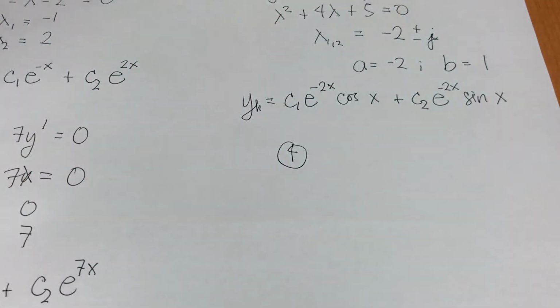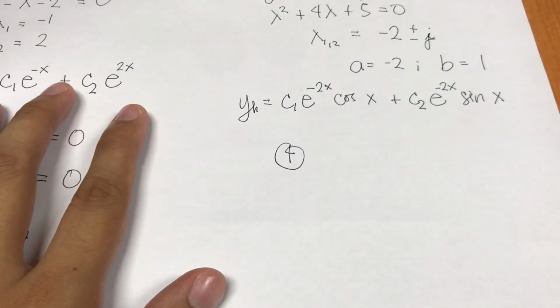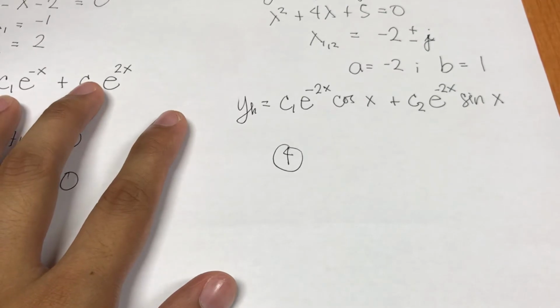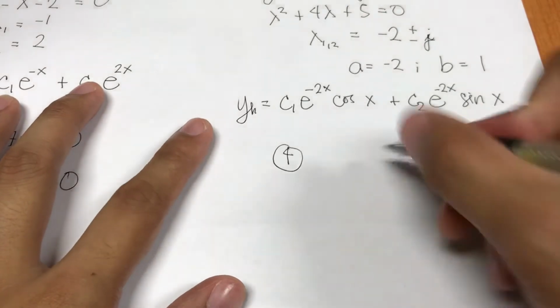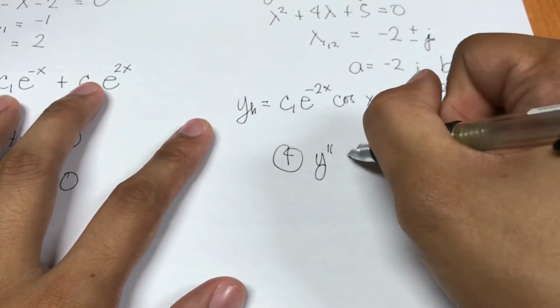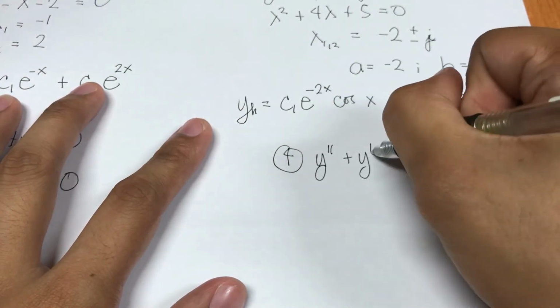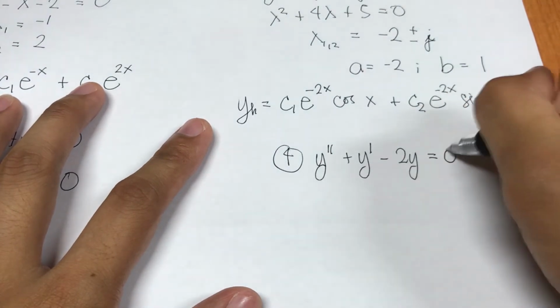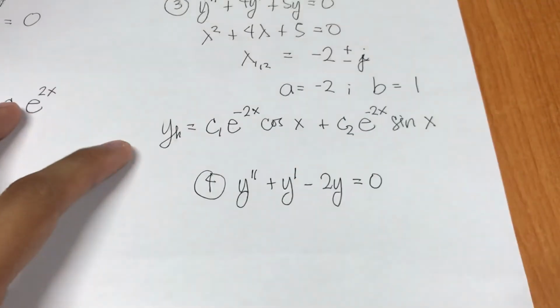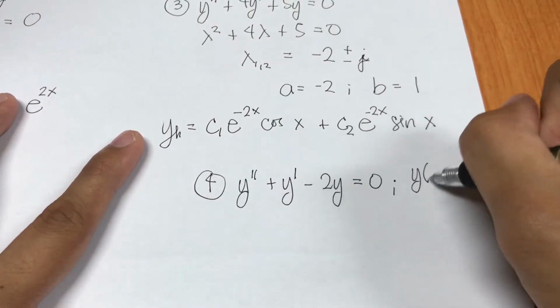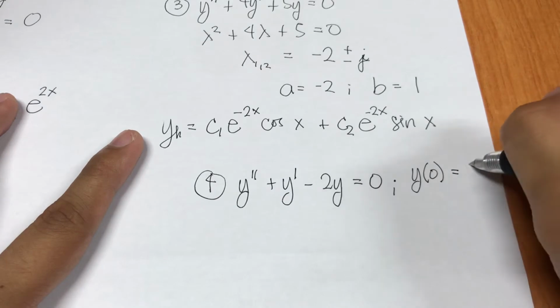Another example, or maybe the last example, since this one is for you, right? y double prime plus y prime minus 2y is equal to 0, with initial value conditions: y at 0 is equal to 4.